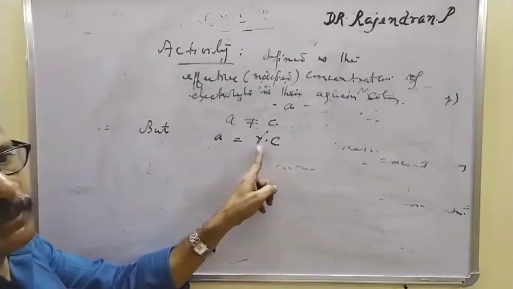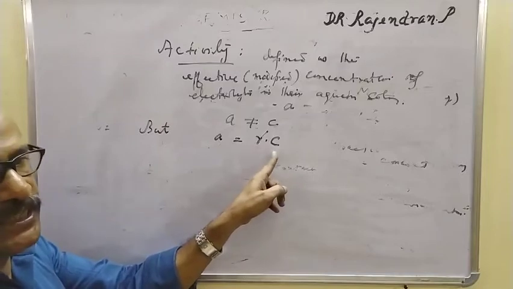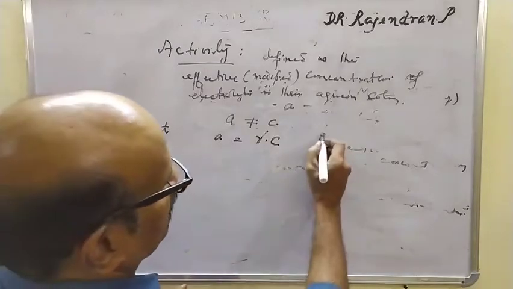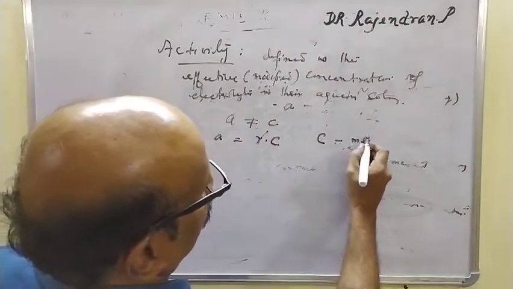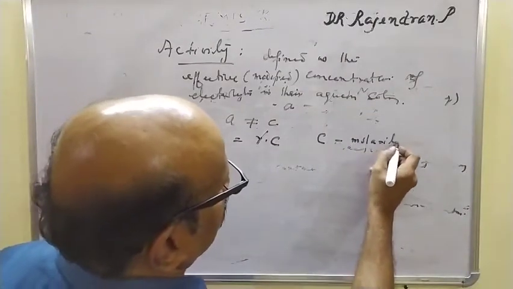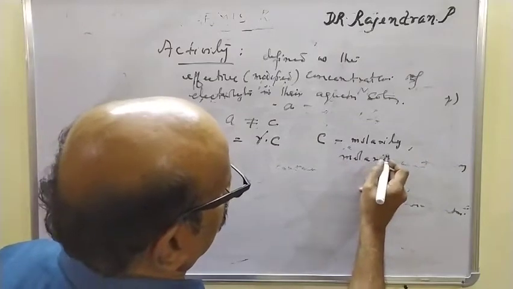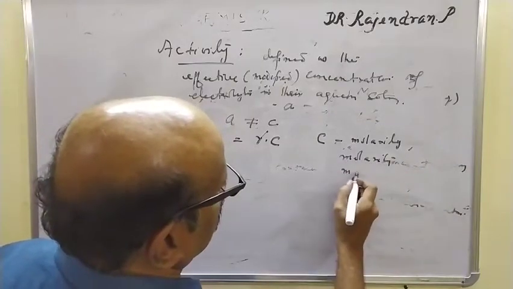Here the constant gamma is called the activity coefficient and C is the stoichiometric concentration, where C may be molarity or mole fraction.